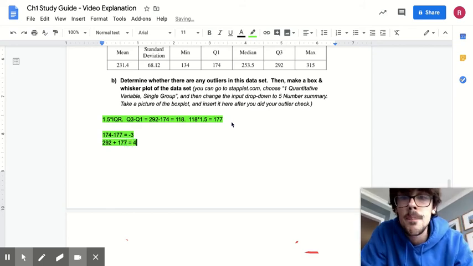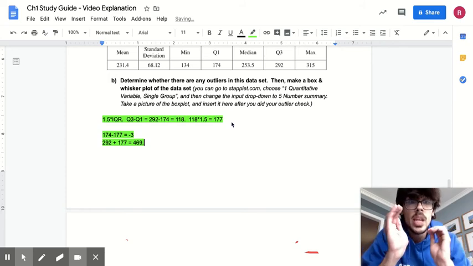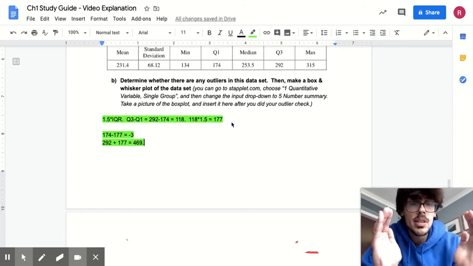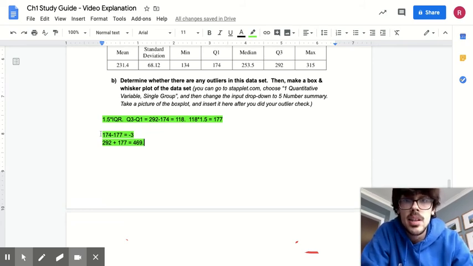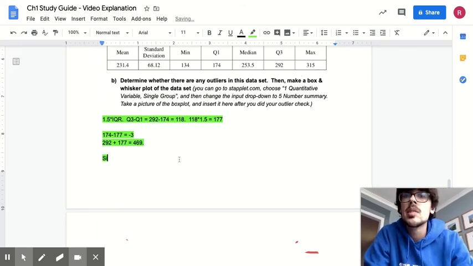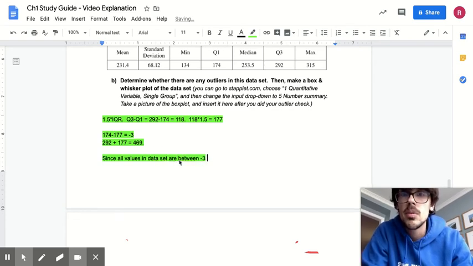If you are between negative 3 and 469, you're not an outlier. Every single data point is in that range, and I know that because my min is 134 and my max is 315. So since all values in the data sets are between negative 3 and 469, there are no outliers.